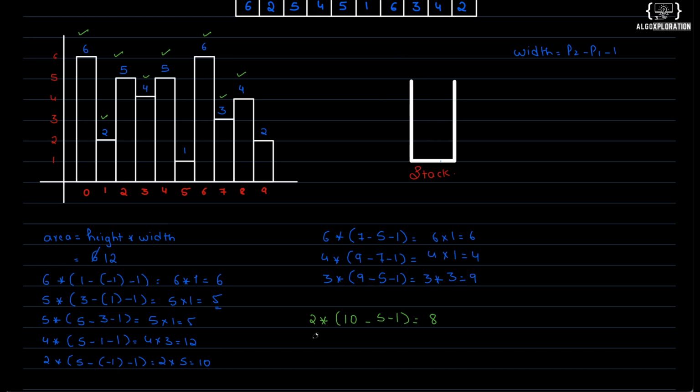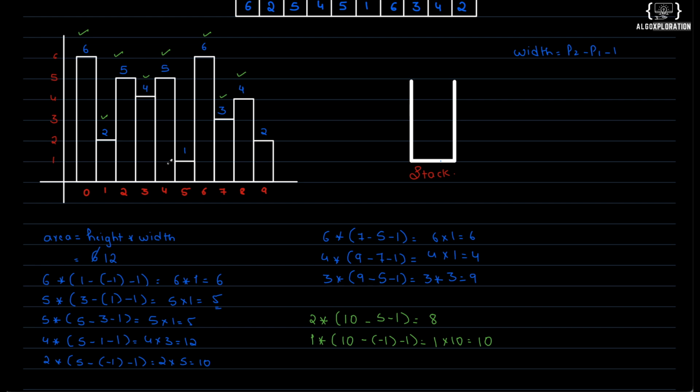And 1 I'll write. The P2 will be the same, that is 10, that is nothing but the length of the array, minus P1, that means the previous smaller element. Over here I don't see any smaller element, right? So I'll just simply put minus 1 over here, minus 1, and if I solve this, I will get 1 into 10, which is nothing but 10.